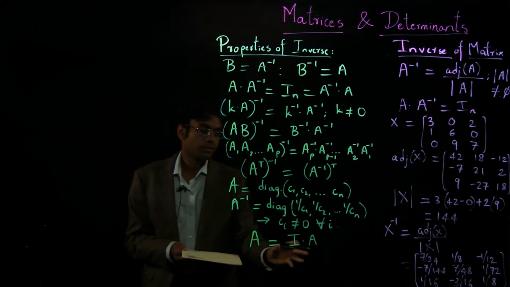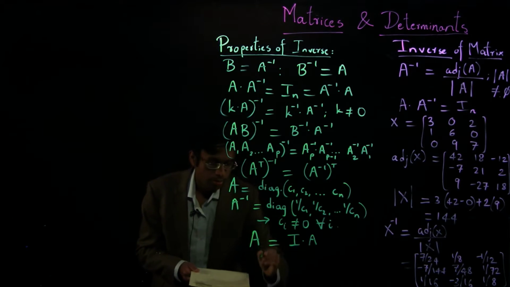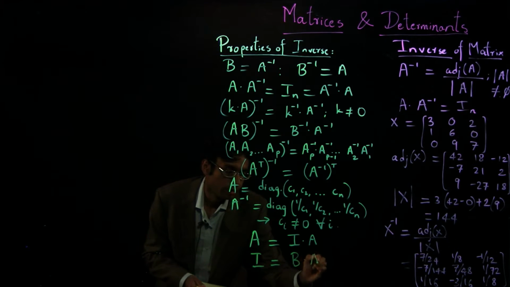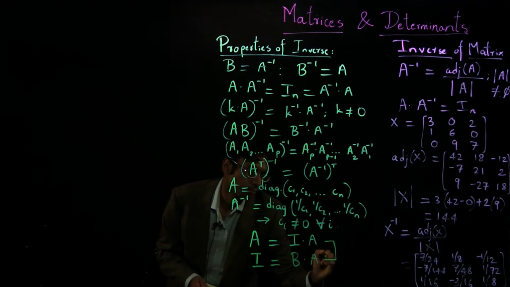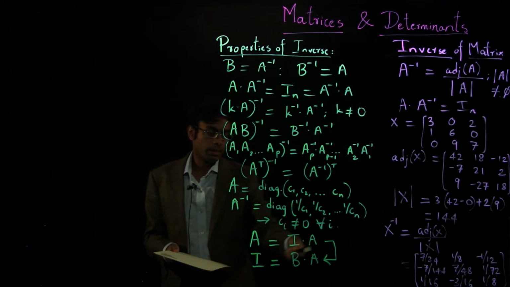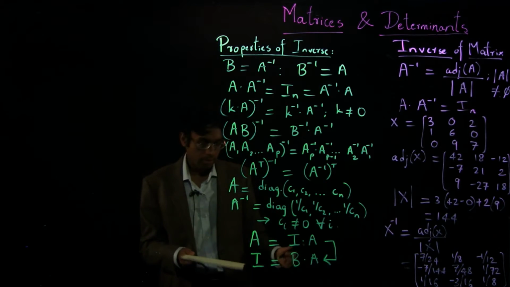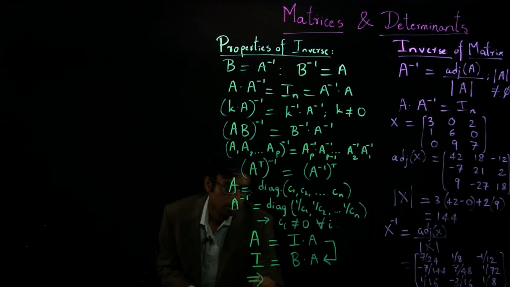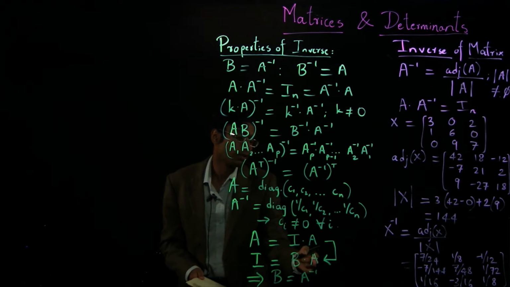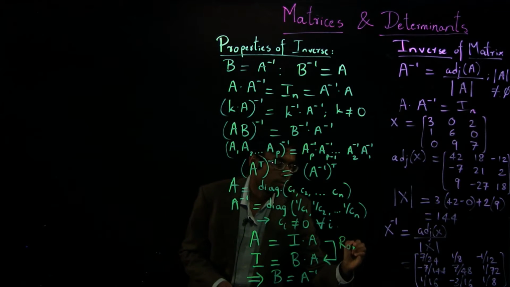If you can do a series of row or column transformations on the matrix to get it such that from A equals I times A, it changes to this form, I equals B times A, then this implies B equals A inverse, because only A inverse times A can give you the identity matrix. So this is by a series of row or column transformations.